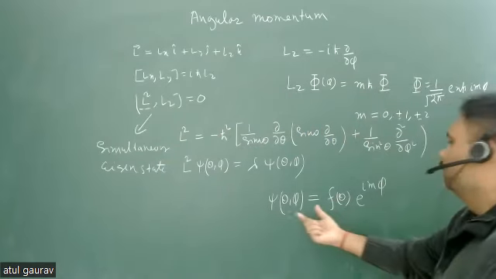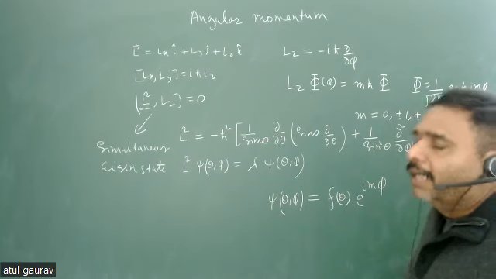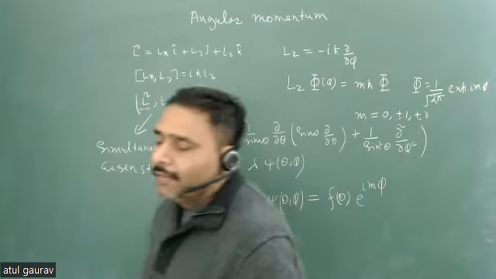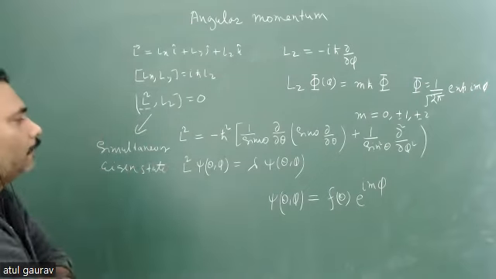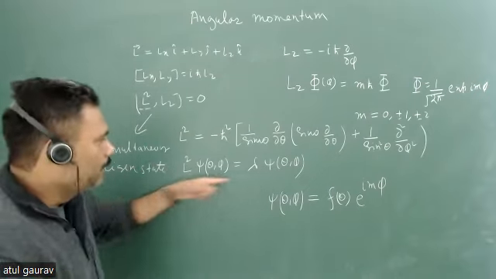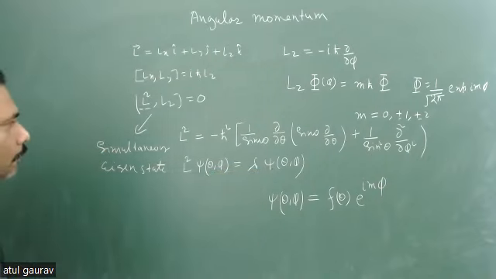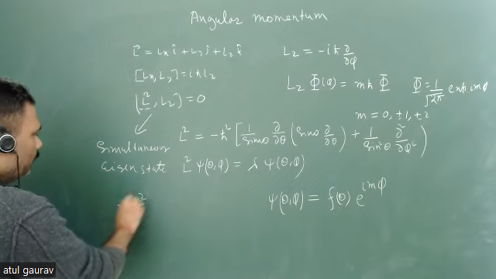Then obviously this psi theta phi must be proportional to e to the power i m phi, and this will make our life very easy. So let's see what we are going to do. We will just put this into this equation. So just help me whether I am correct or wrong.